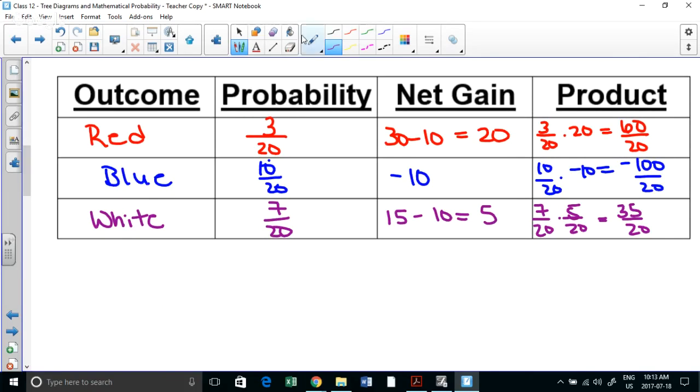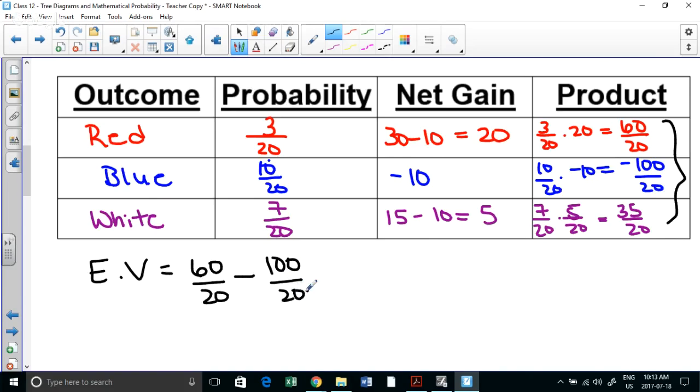Now my expected value is I take this column and I add it up. So I take 60/20 minus 100/20, because there's a negative, and then plus 35/20. And when I add those up, I get -5/20.